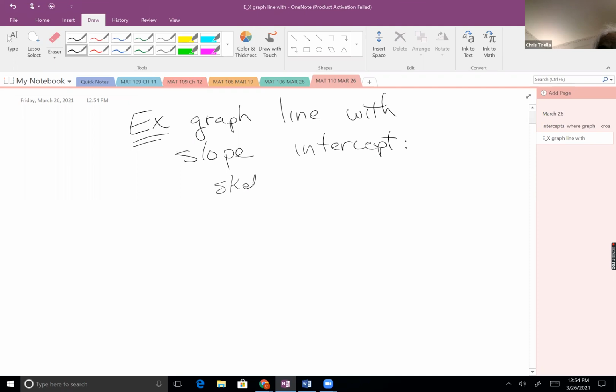Let's look at an example of graphing a line with the slope intercept. Let's sketch the graph of the equation, let's say x plus 2y minus 6 equals 0.